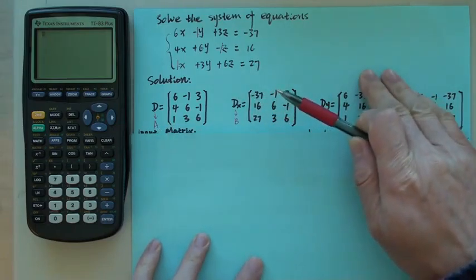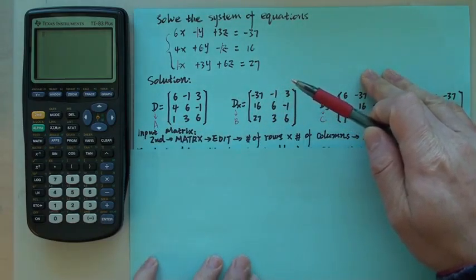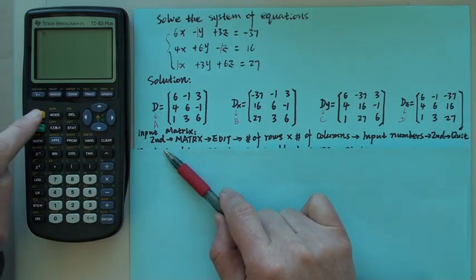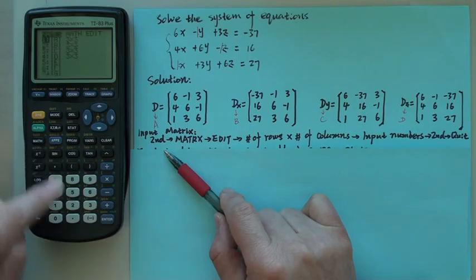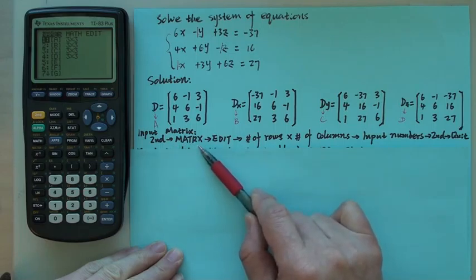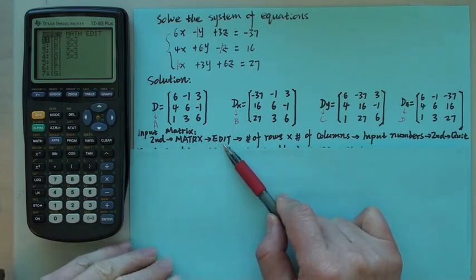Here is the way to input. First, you need to turn on the calculator. You see the cursor is flashing, so it's on. Then you press second, matrix. Then you do edit.